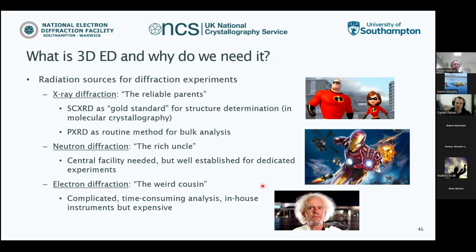However, the crystallographic analysis of electron diffraction is quite time-consuming, tedious and complicated. However, instruments are quite widely available in principle. Maybe not as much as single crystal XRD, but many universities and institutions have their own TEM instrument. So there's at least a possibility for this to be done experimentally.